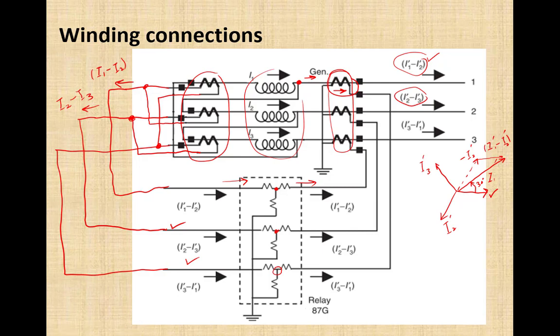If the actual delta connection of the generator winding was a lagging delta, then the CT secondary should also be connected in lagging delta formation. The CT ratio must be the same on two sides. The phase difference and the magnitude difference will be compensated by connecting CT secondaries in delta. So you may be asked to draw these connections in a quiz or in an exam.